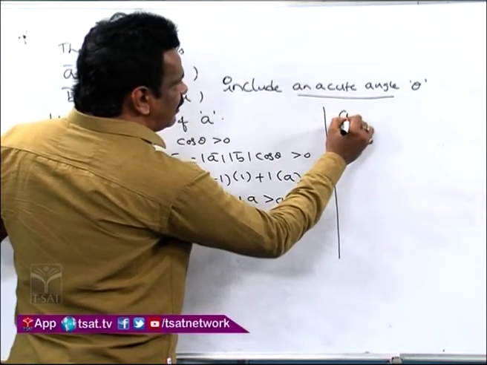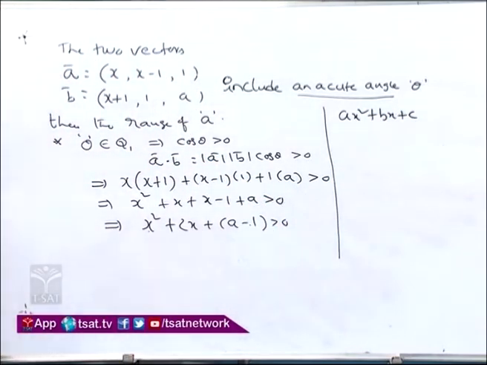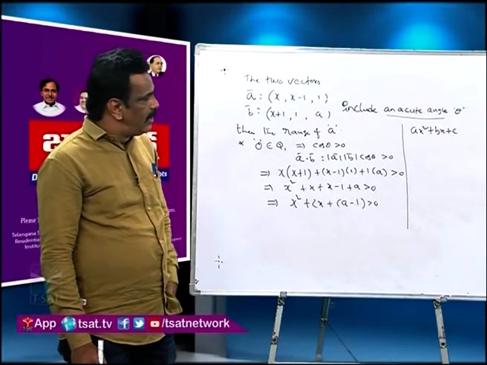We are discussing ax square plus bx plus c, meaning the nature of the quadratic expression. If you remember, you identify if the roots of the corresponding quadratic equation are non-real complex numbers.